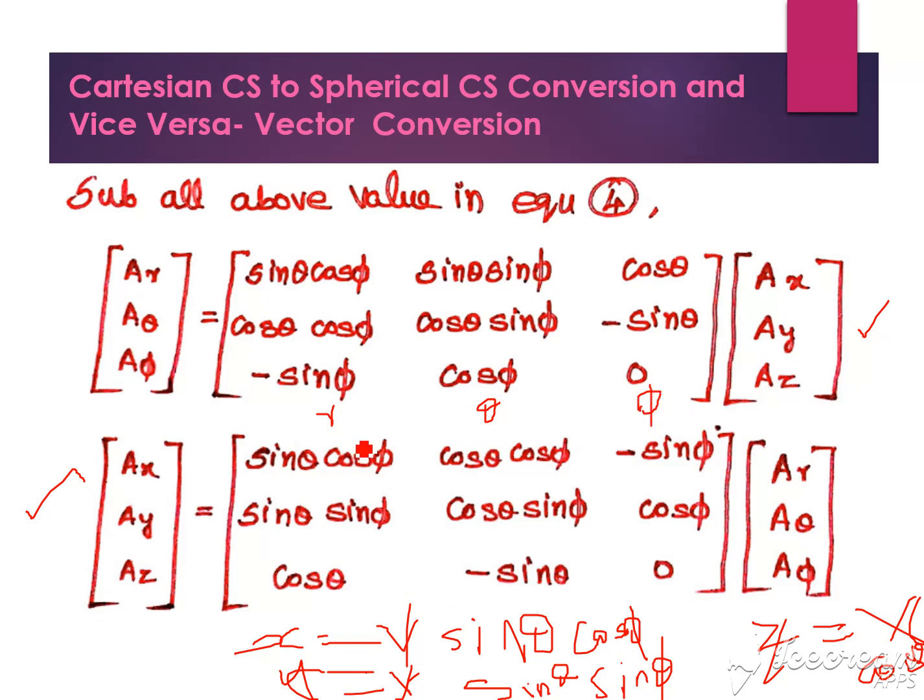Now differentiating the first column with respect to theta, we get this. Cos is the same, and differentiation of sin becomes cos. For the second, sin becomes cos and sin phi stays the same. Differentiating cos theta, we get minus sin theta.